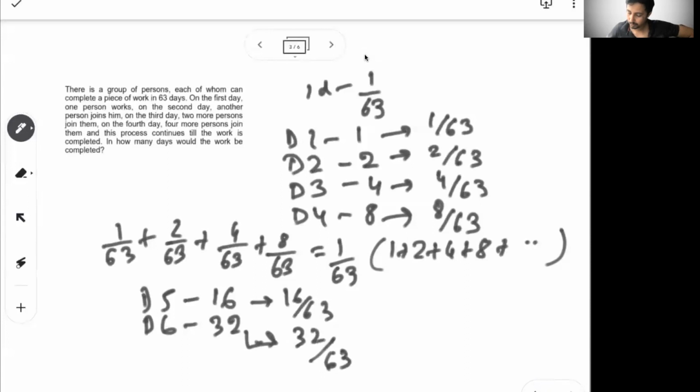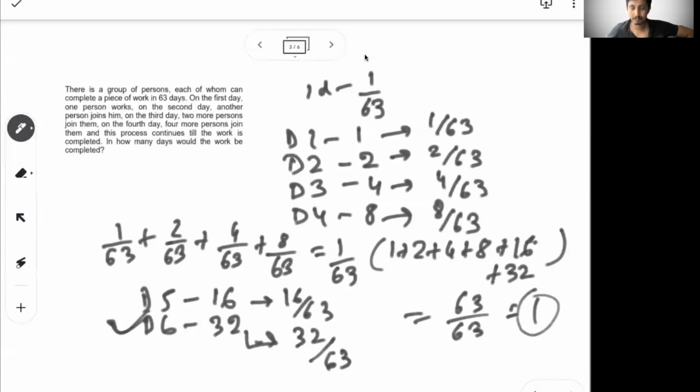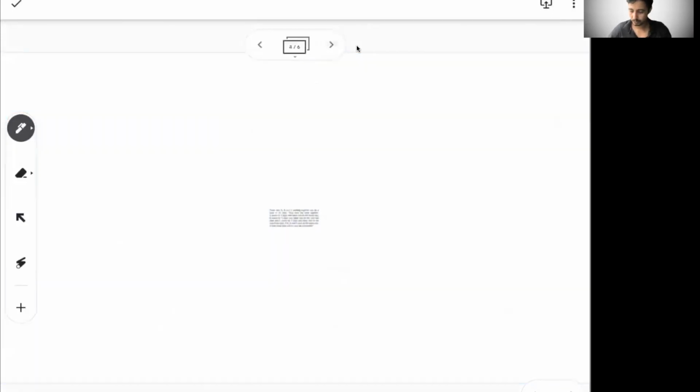So 1, 2, 4, 8 plus 16 plus 32, you see this sum becomes 63 by 63, or 1. So basically, day 6 is the day when the work is completed. So a total of 6 days is needed to finish the work. Right? Cool. So let's move to the next one.